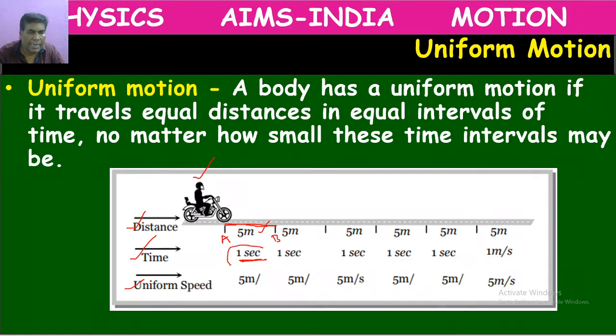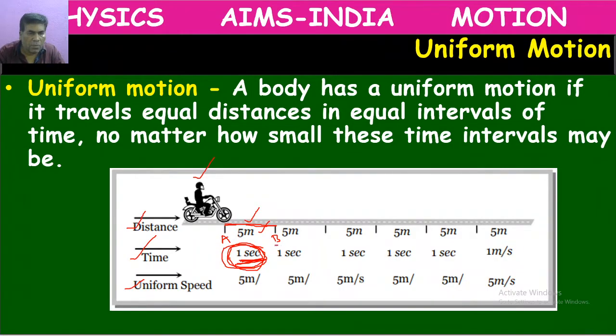Time interval means the time taken by the bike for traveling from A to B. In this time interval of 1 second, it has traveled the distance of 5 meters.